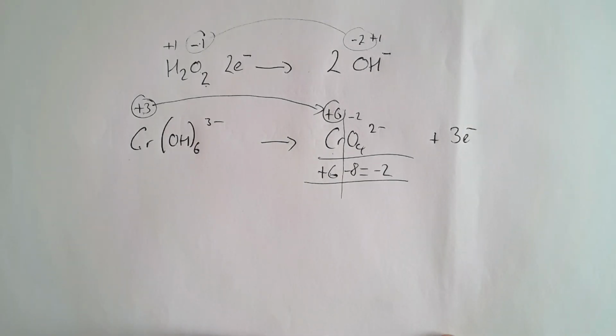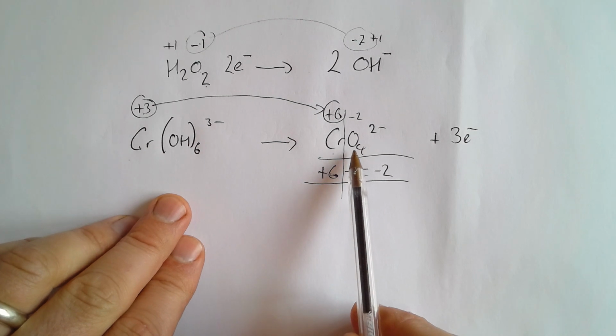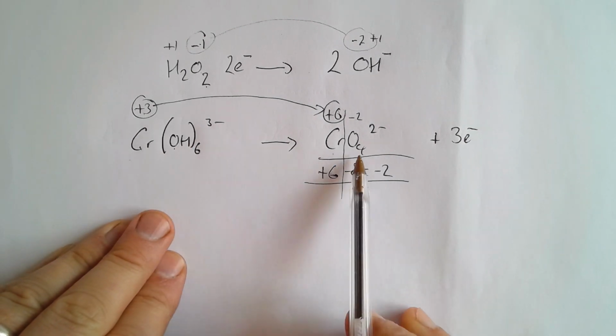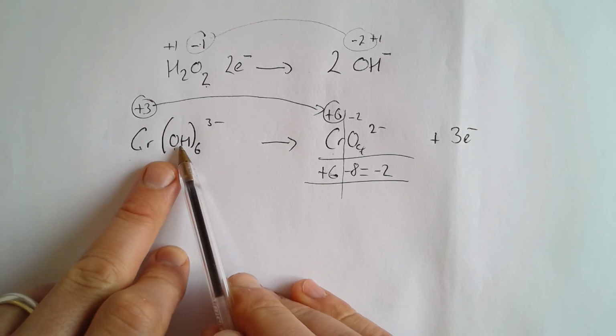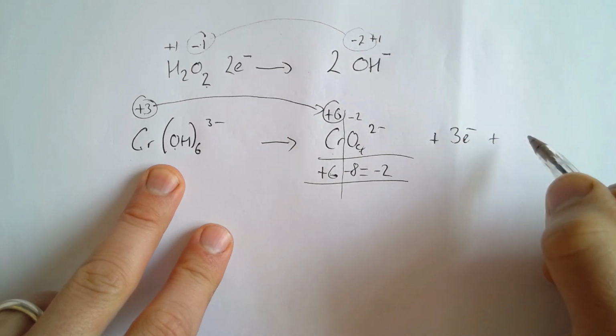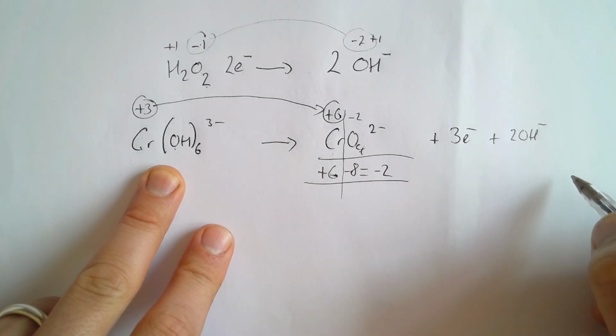So where does everything else go? Well, these oxides here, the 4 of them here, are already present over here for the hydroxide. So we end up with 2 moles of hydroxide being released.